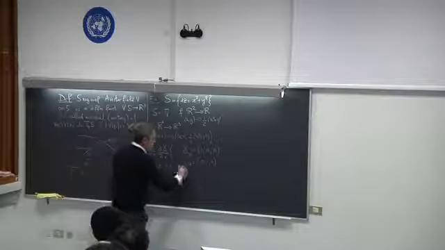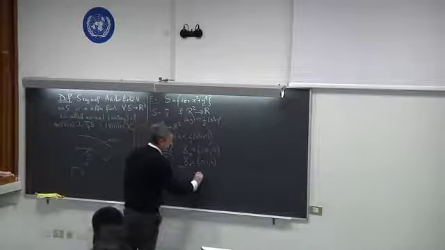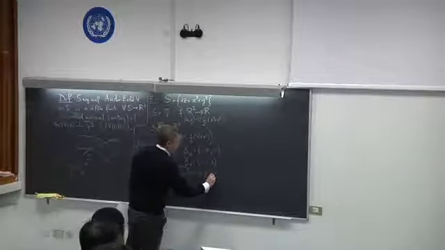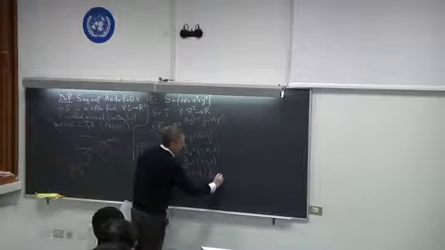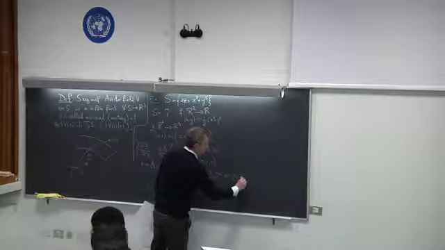So the tangent space at P to S is the span of the vectors xu at U naught, V naught, xv at U naught, V naught.